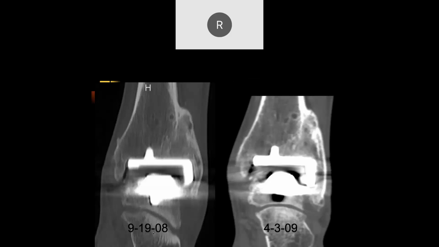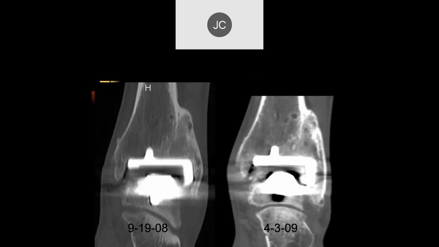Okay. So here, this is on 9/19/08, and this is on 4/3/09. And what you notice, the difference here is that the joint space has narrowed over this time period. The prostheses now are much better than they were back in 2008 and 2009.